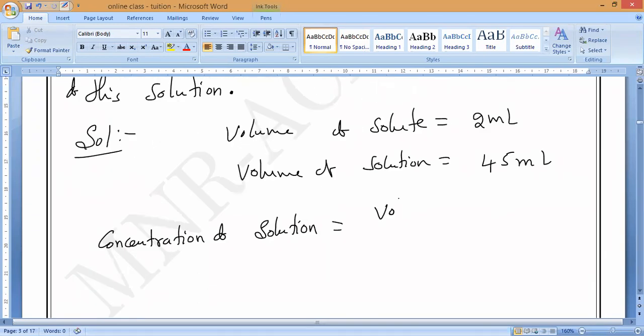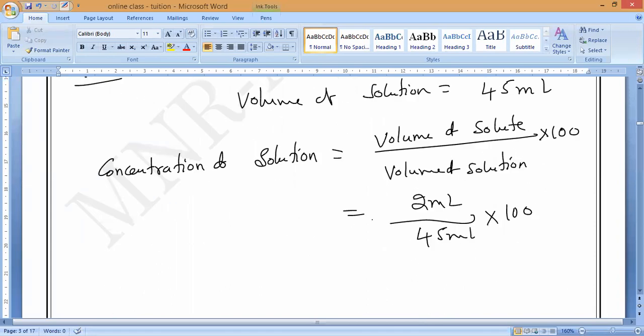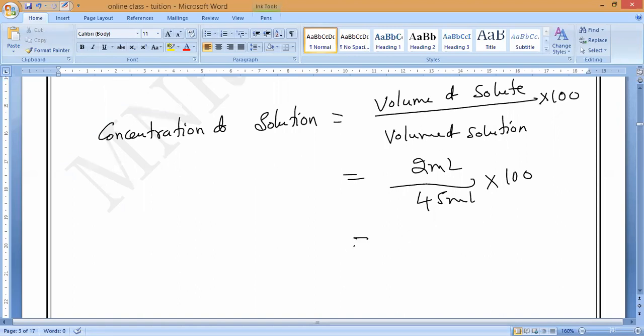So what is the formula? Volume of solute divided by volume of solution into 100, which is equal to 2 ml divided by 45 into 100. The ml will get cancelled.